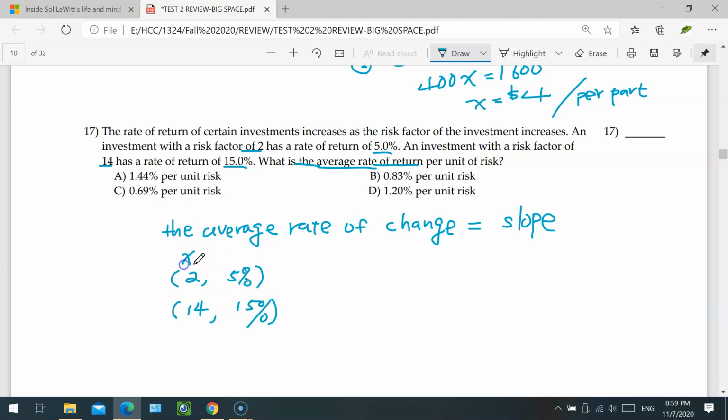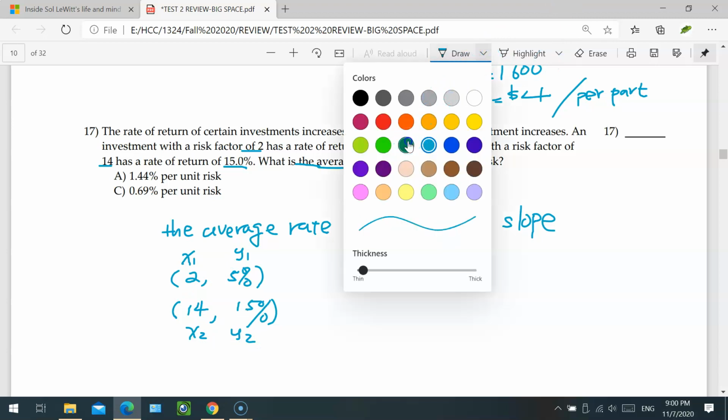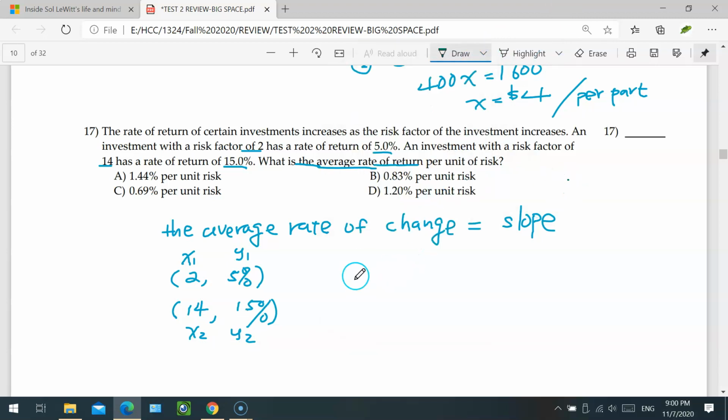I can treat this as x1, y1, and this would be x2, y2. Now we need to find the slope. In finding the slope, we use a formula, right? So y2 minus y1, we have 15% minus 5%, over x2 minus x1, we have 14 minus 2.